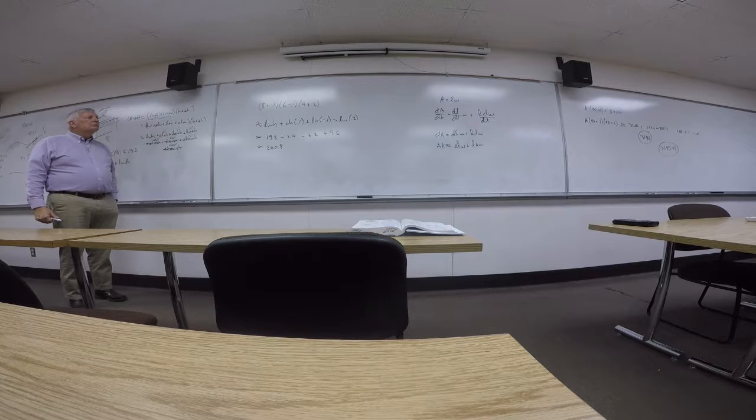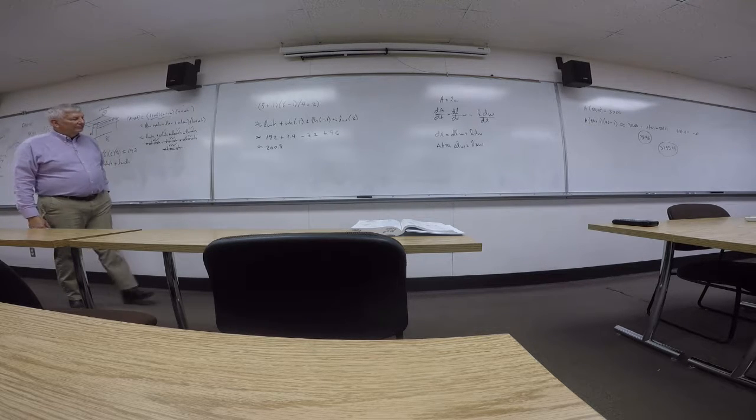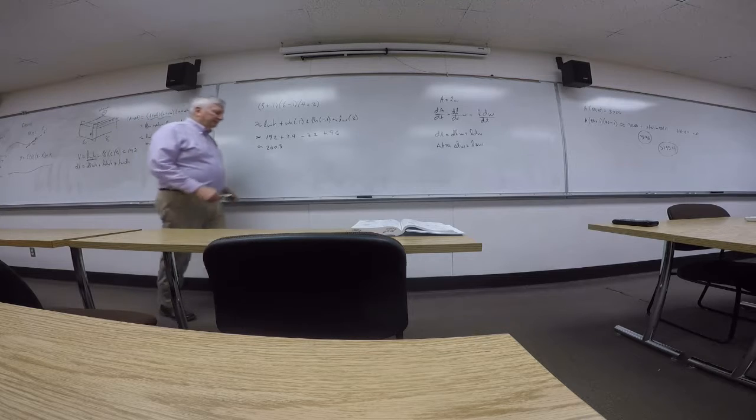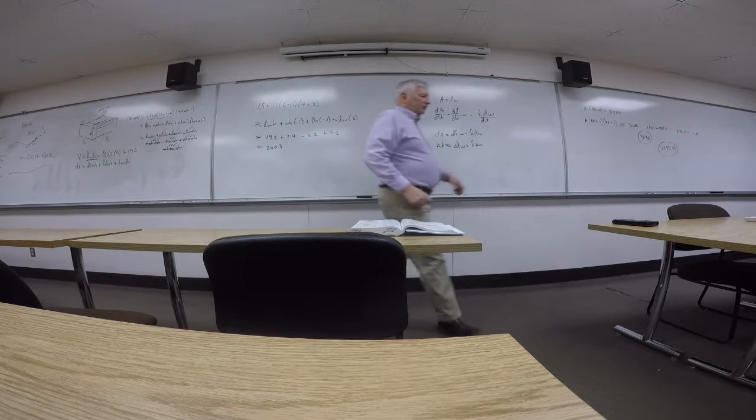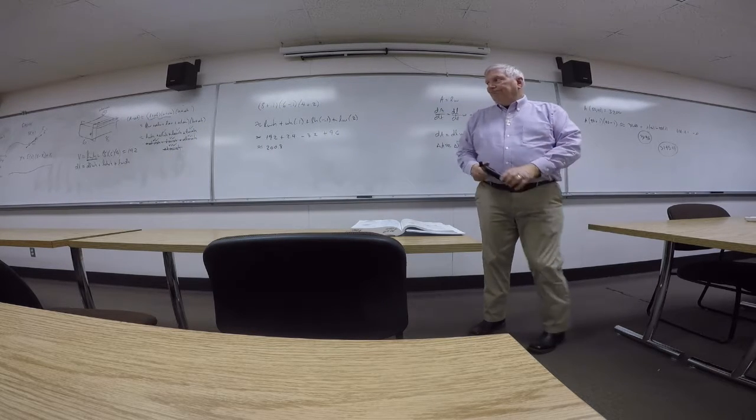Did I add right? Minus 0.8 subtracted from 9.6 is 8.8. And 8.8 added to 192 is 200.8. So that's my estimation. Let's compare it to the actual value.